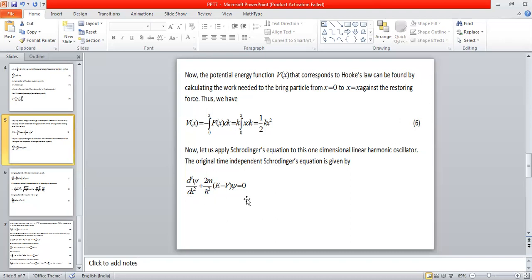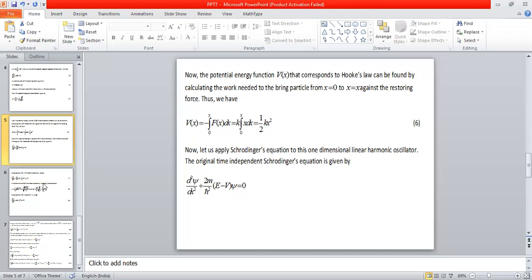We set up this equation in one of the earlier sessions, so we are making use of this Schrödinger's time independent equation. Using this expression and inserting equation 6, according to which V is equal to half kx squared, we need to solve the equation.